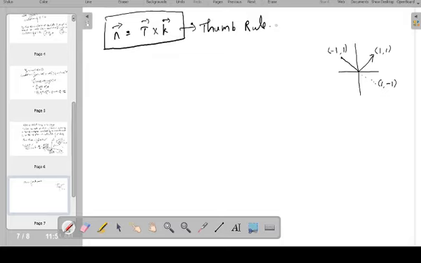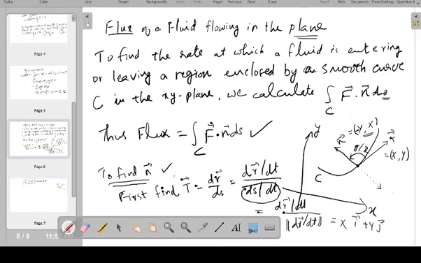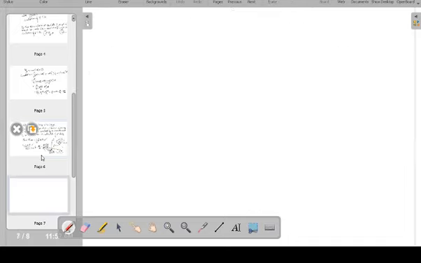I can choose n as t cross k. Another person can choose n as k cross t. Okay, let us choose n as t cross k. So you find your t in this way, and then that is t cross k.